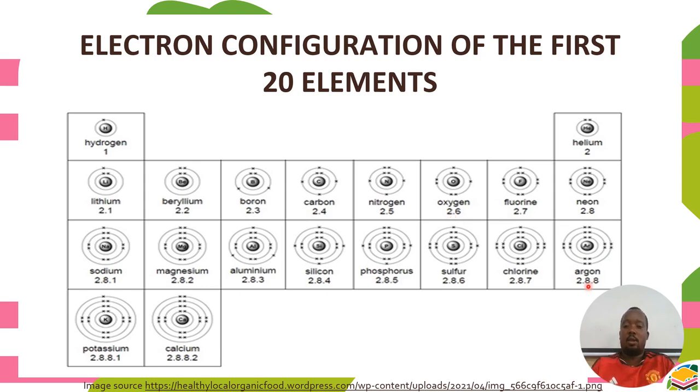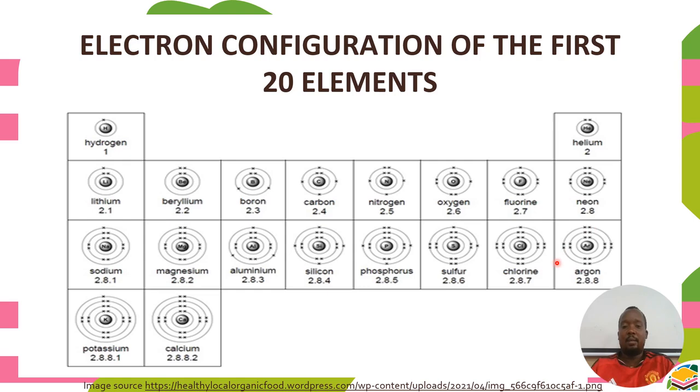Then argon. Argon in total it has a maximum number of 18 electrons. So the first 2 electrons in the first shell. Then in the second shell, 8 electrons. Then in the last shell, we have a maximum number of 8 electrons. So in total, how many electrons?